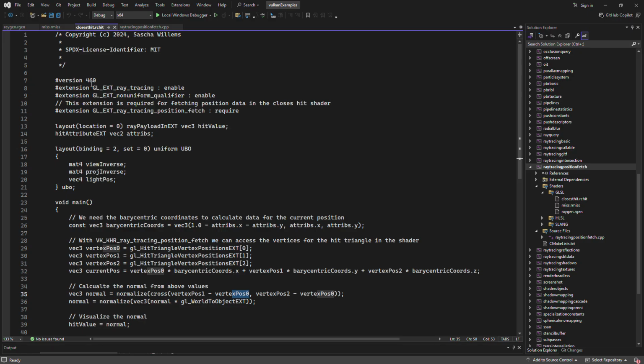That's what the hit shader is about. That's all this example.